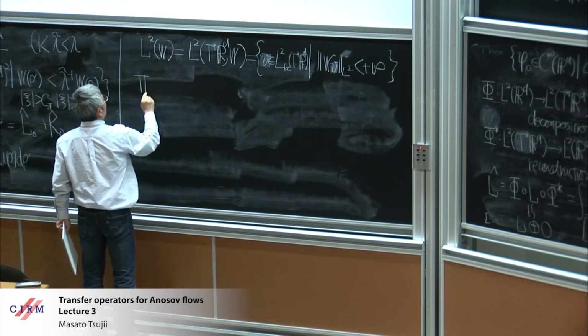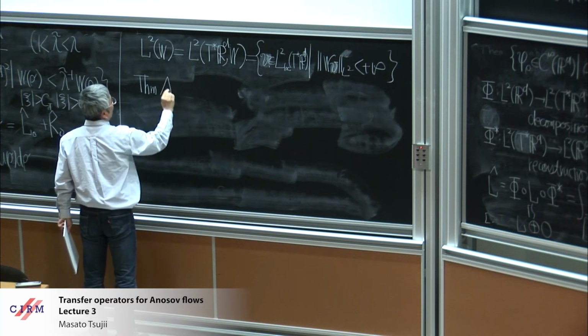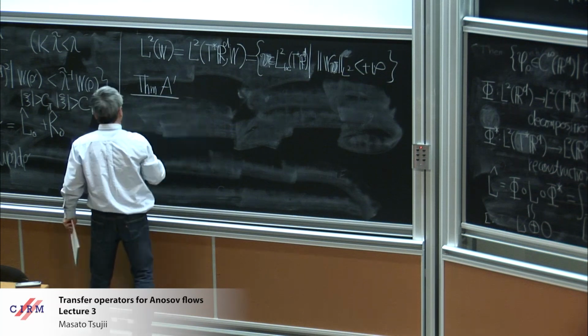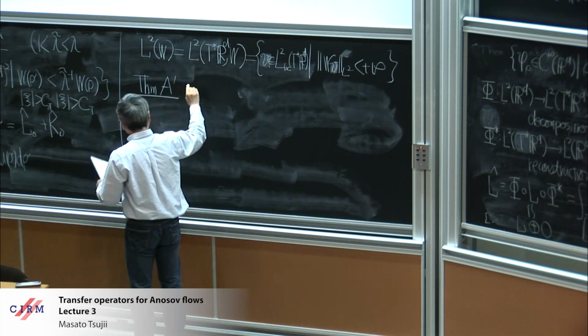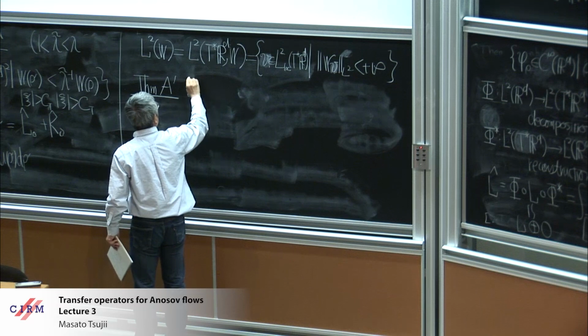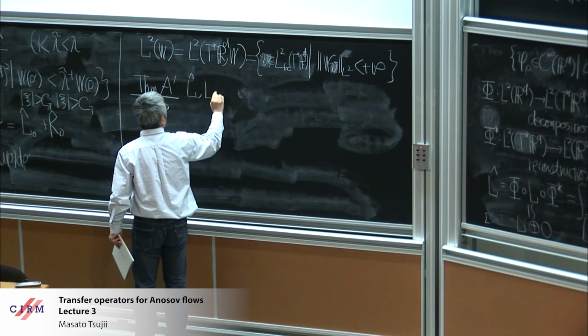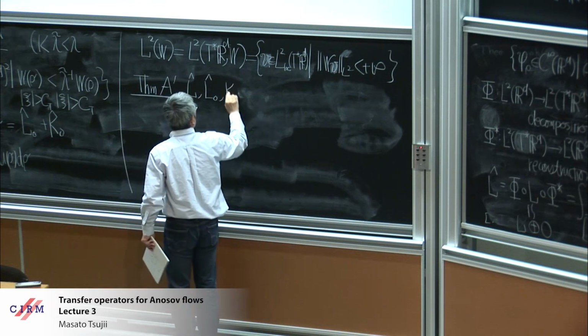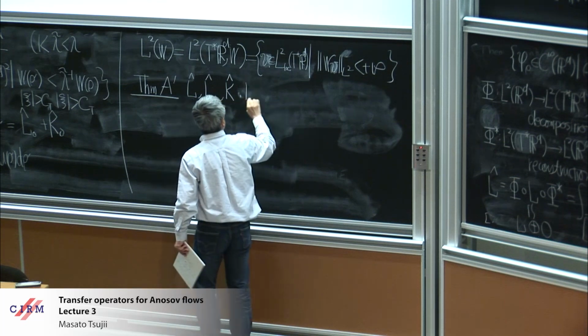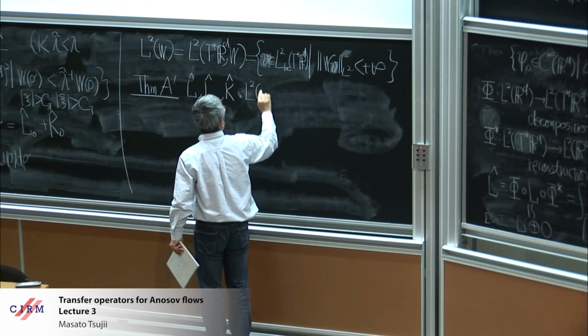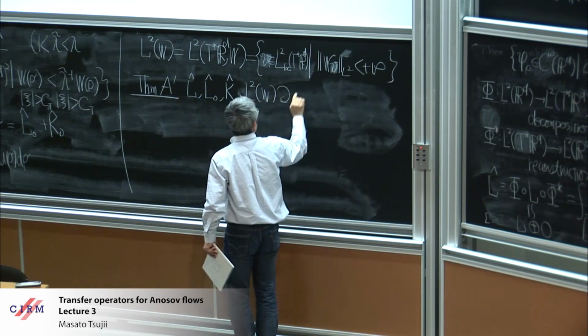Then theorem, let me write that theorem A dash. So L hat, L0 hat, K hat on L2 W is bounded.